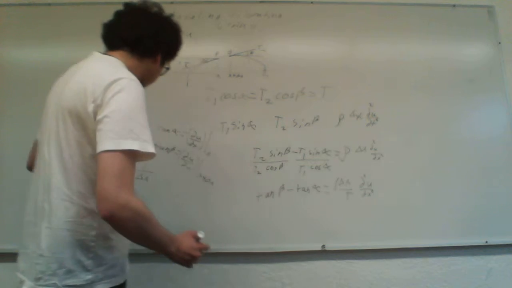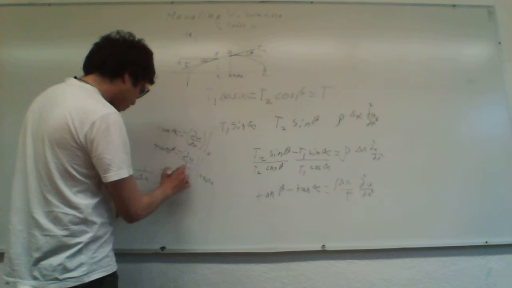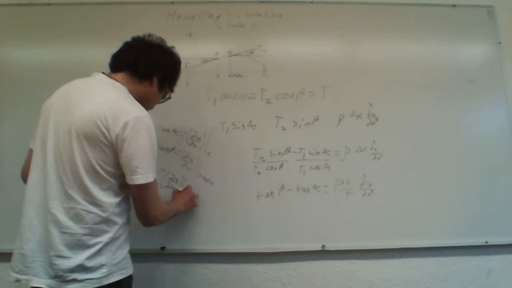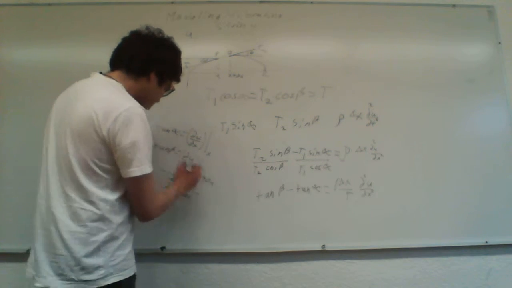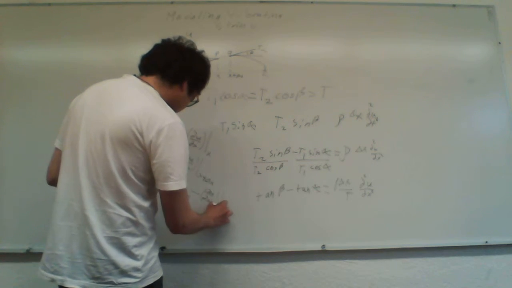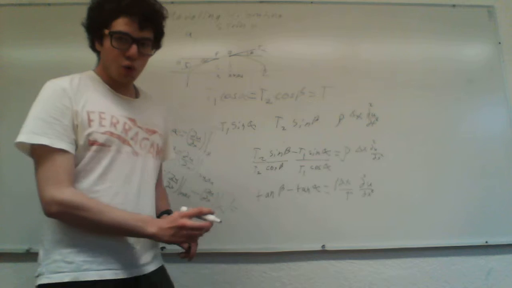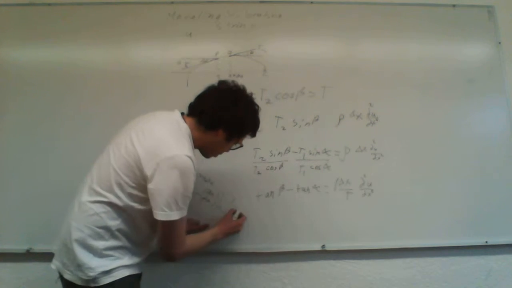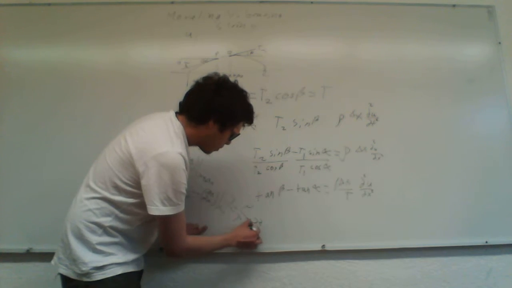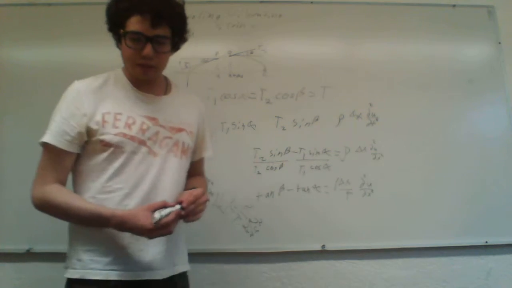If we pass this over, we have u_x at x plus delta x minus u_x at x, which is equal to rho over T times the second derivative of u with respect to t squared.